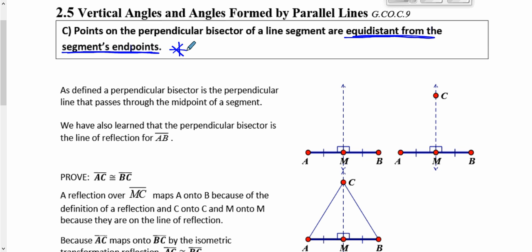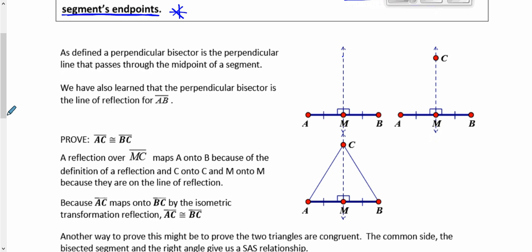So here is a diagram. This thing here is a perpendicular bisector. Everybody agree? It's congruent right angles, okay? And what they did is they picked a point C on that perpendicular bisector and made a triangle out of it, right?